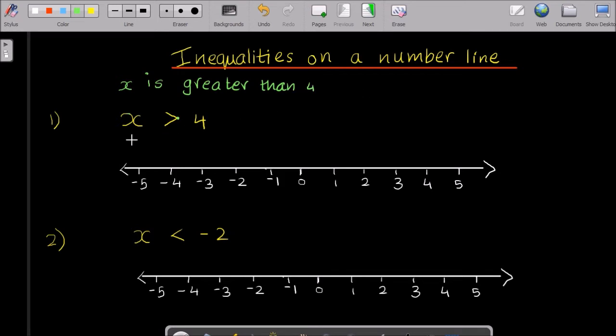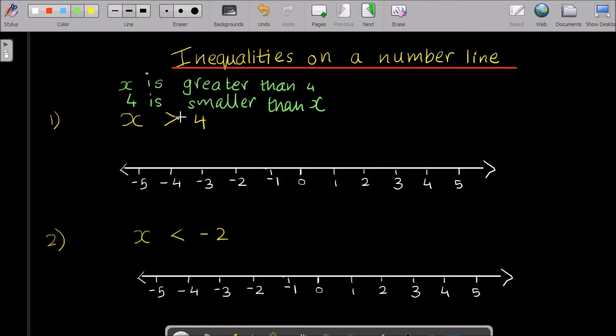And if I was reading it from right to left, I can read it as 4 is smaller than x. Okay, so both of them mean the same thing. 4 is the smaller quantity and x is the greater quantity, but there's two different ways of writing it.